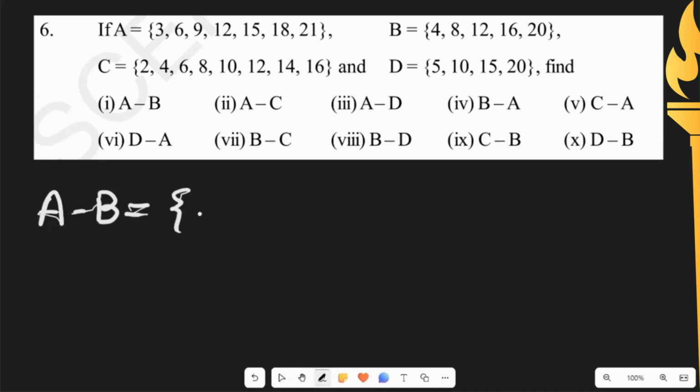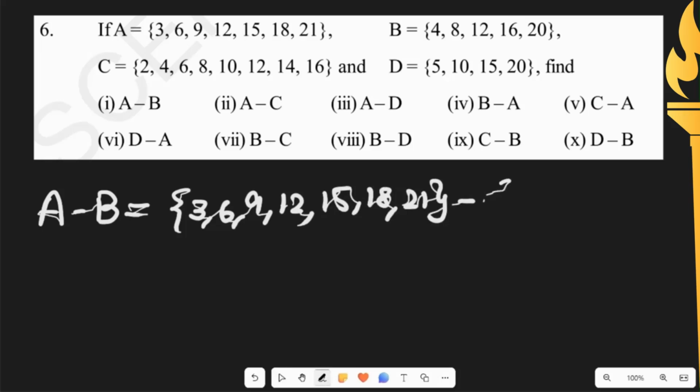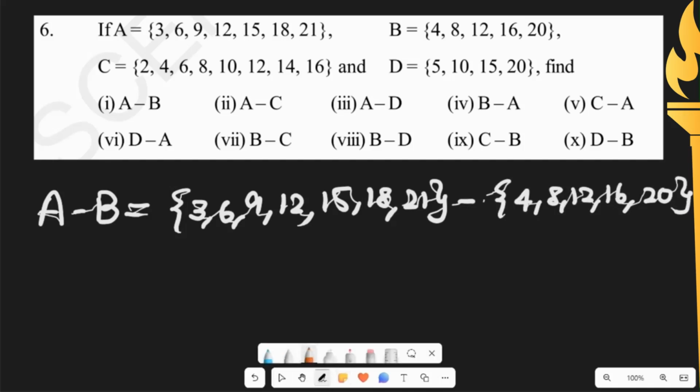Let's write the sets here: 3, 6, 9, 12, 15, 18, and 21 minus 4, 8, 12, 16, and 20. To subtract, first we must cancel out the common elements in both of the sets.